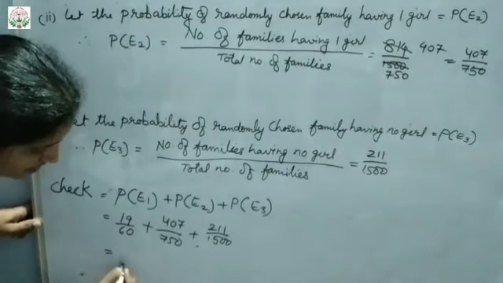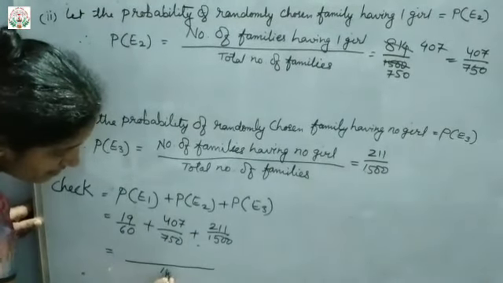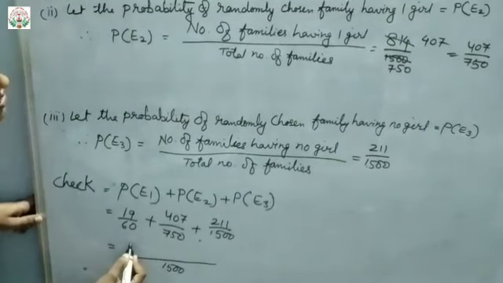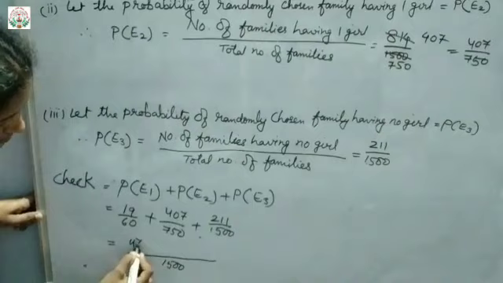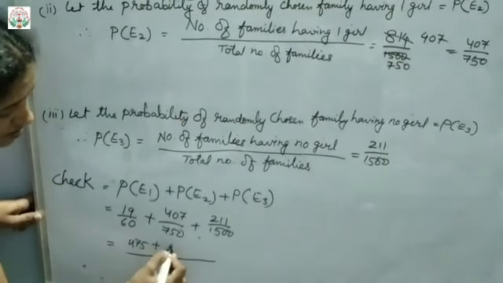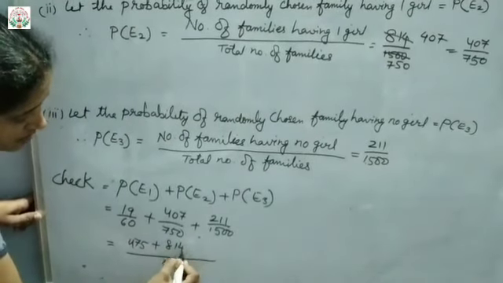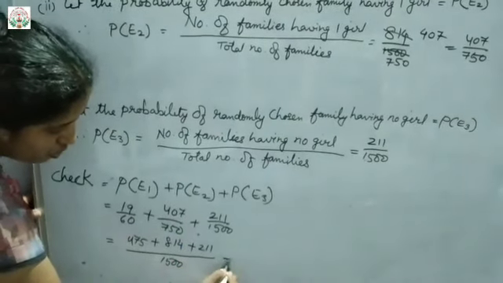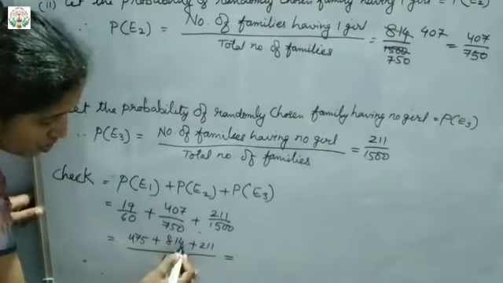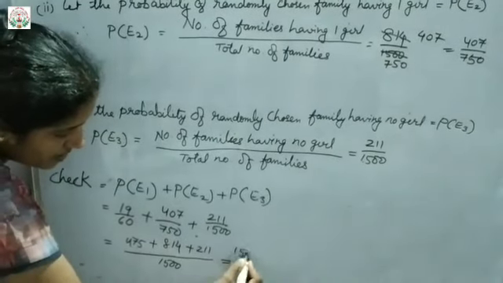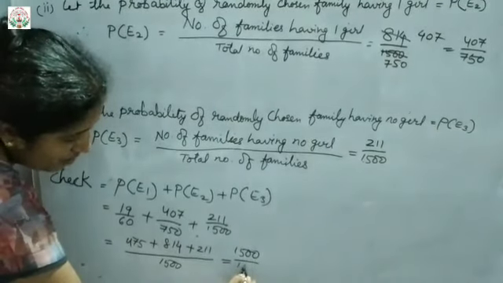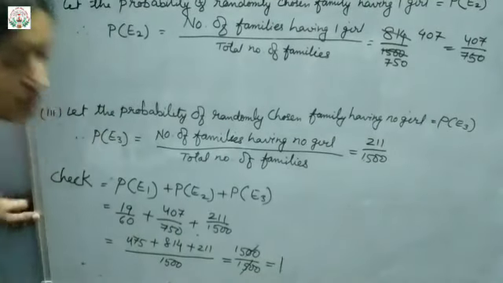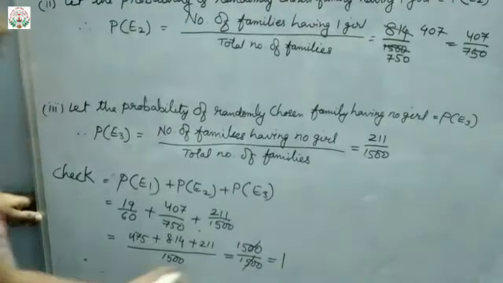Now take the LCM, that is 1500. The first one is 475, plus this is 814, plus this is 211. On adding all these numbers you get 1500 upon 1500. Now cancel it and you get 1. So it is checked.